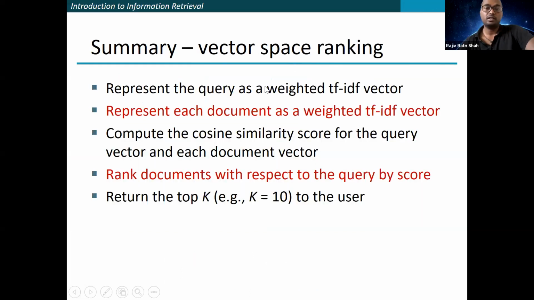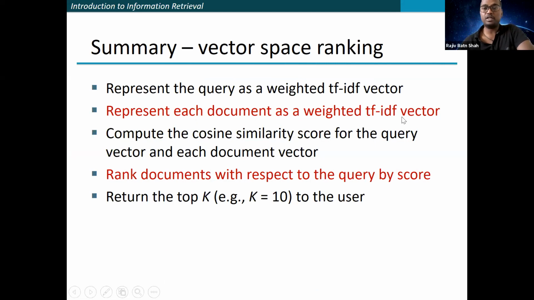So the summary is: represent the query as a weighted TF-IDF vector, because not all terms are of equal importance. Different terms have different importance, so you need to compute that weightage, and TF-IDF is one way you can do so.